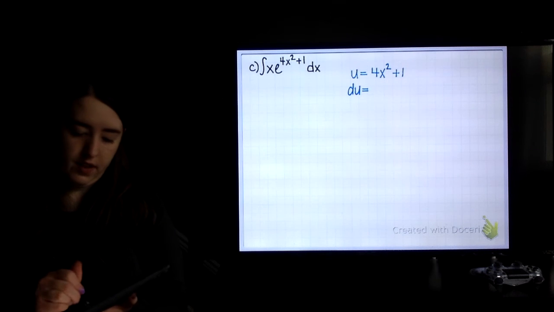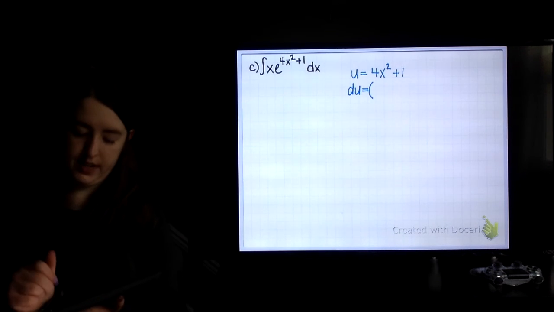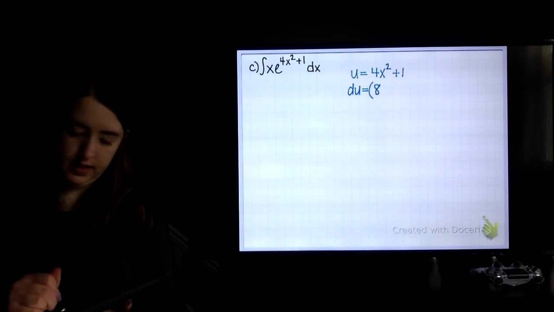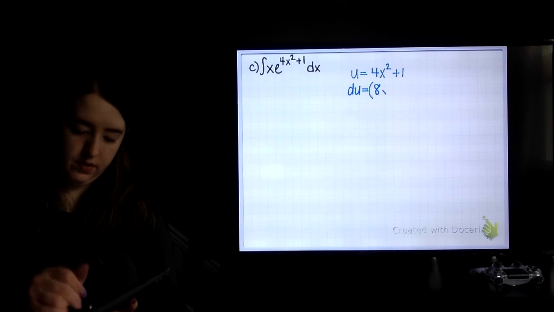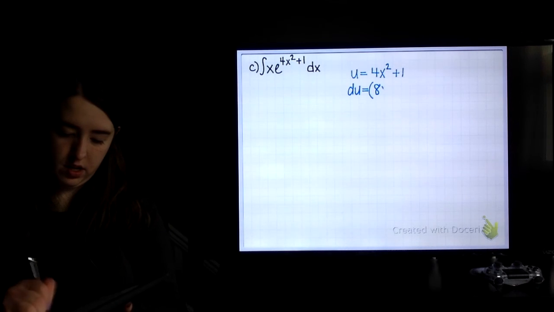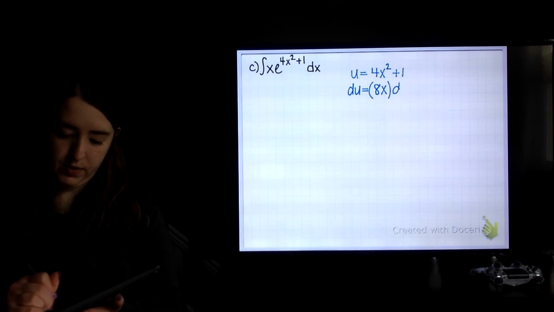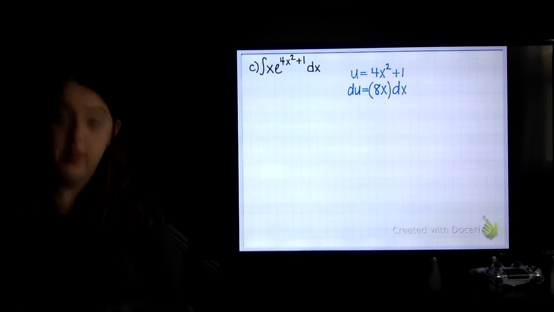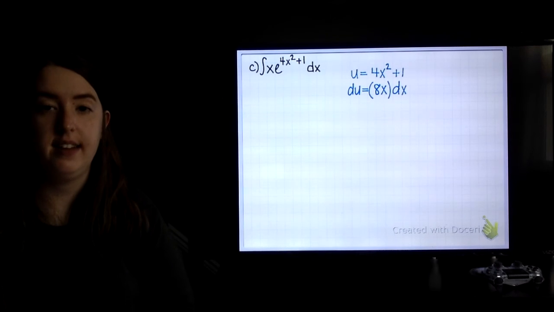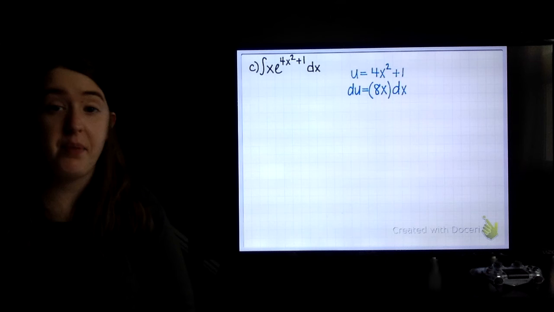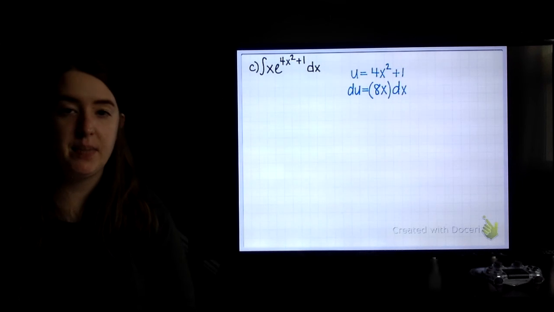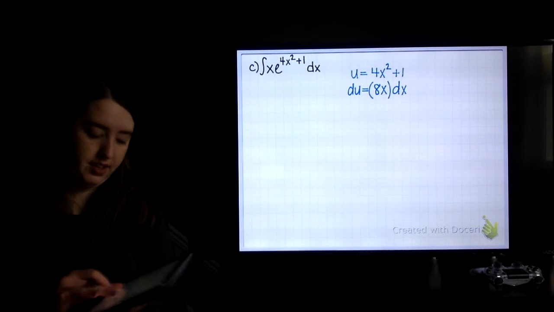The derivative of 4x squared is 8x. The derivative of 1 is 0, and then that was with respect to x, so I have dx over on that side. And then just like before, we want to get dx by itself. So I'm going to divide by 8x on both sides.